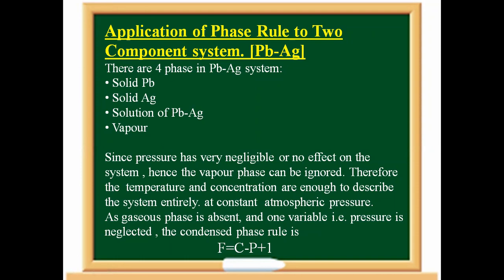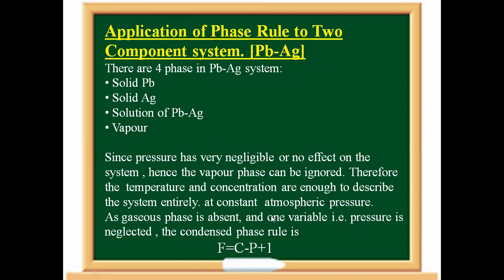Even if a little vapor formed, what are the four different phases? There is solid lead, there is solid silver, there is a solution of lead and silver, and the last phase, which is very, very negligible, is the vapor phase. So these are the four phases existing in the lead silver system, out of which the vapor phase is very, very negligible. Pressure plays absolutely no role in this.